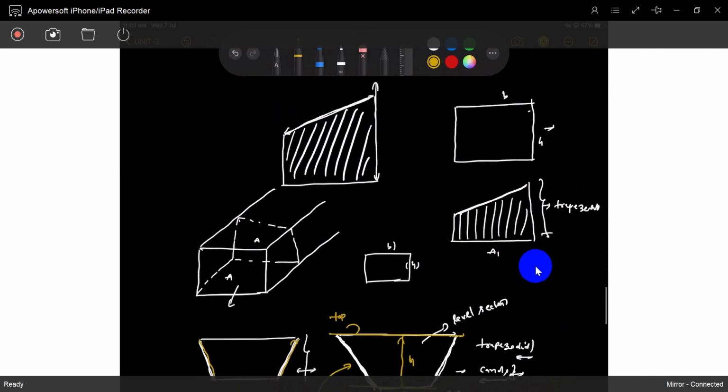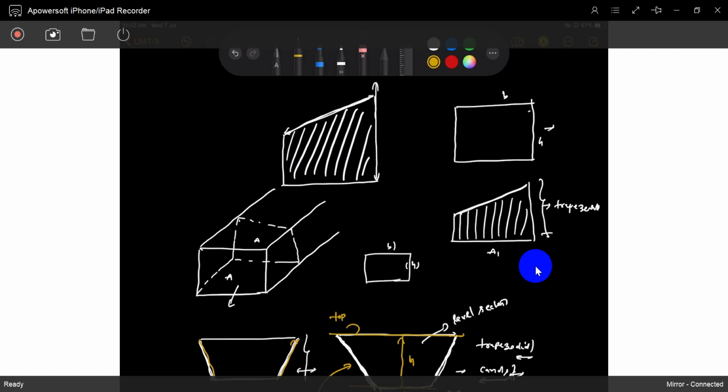In different shapes and different field works and situations, different cross sections and different areas will come. To find out the volume, find the area and multiply with the interval distance. That's enough of the story.